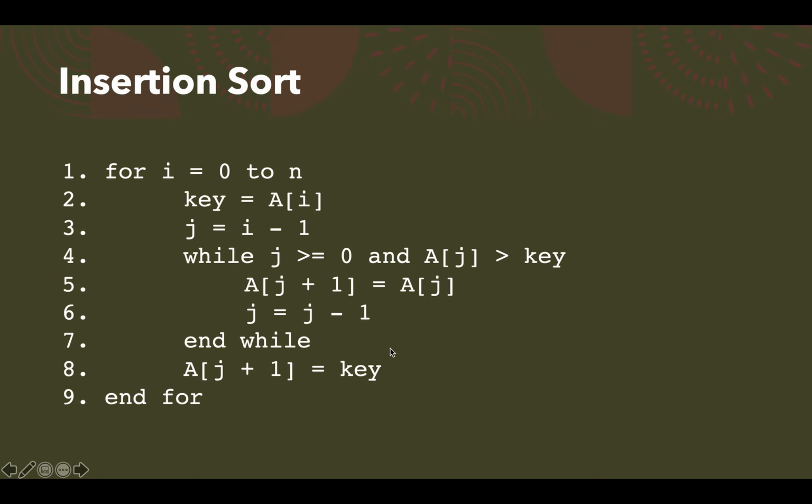Insertion sort. Insertion sort can be well explained with the card game, right? So this is the logic here. First I'll explain how insertion sort can be represented using card games. Say you are playing cards and the cards are distributed by one of your friends, and you will be taking the card and arranging it in your left hand.